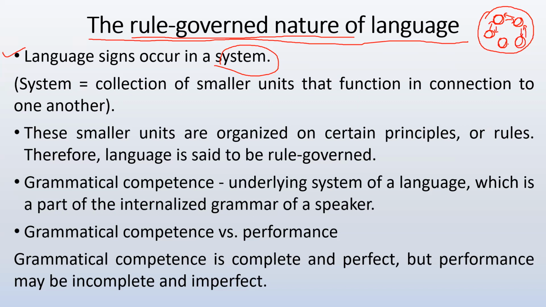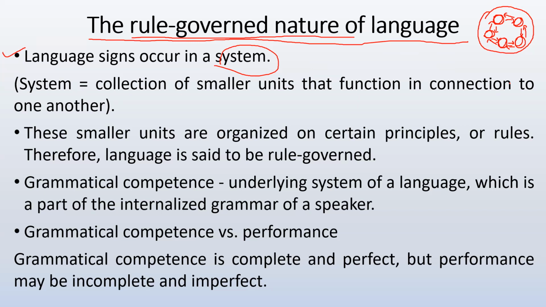They are connected to one another. So that's why I'm drawing arrows like this. Hope what I'm telling is clear to you, right? So all these smaller units are combined, interrelated. They function in connection to one another. That is the nature of a system, right?